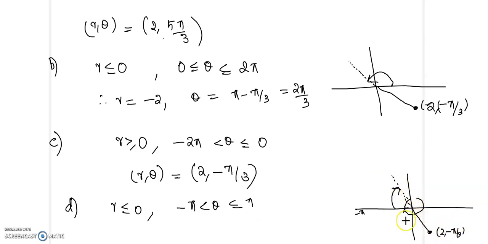So that will give the required point. So here r will be equal to -2 and θ will be -π + π/3, so that will be -2π/3. So the required point will be (-2, -2π/3). So that is the required representation.